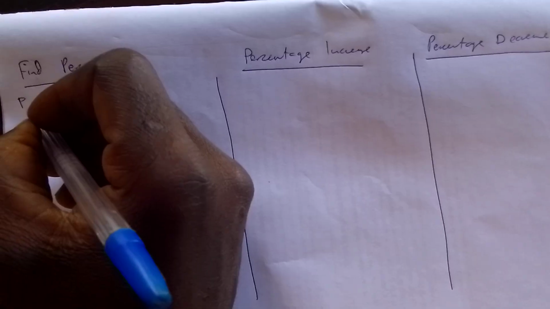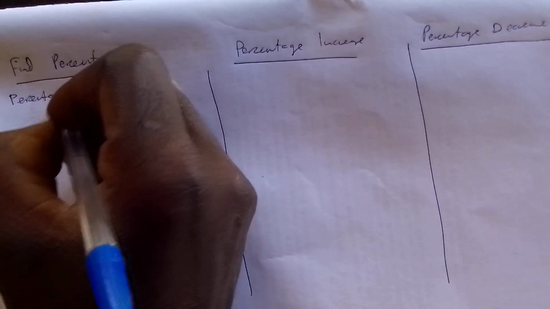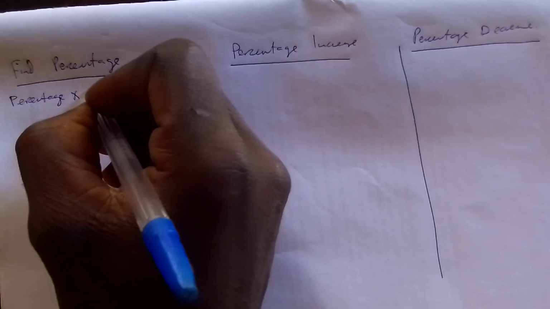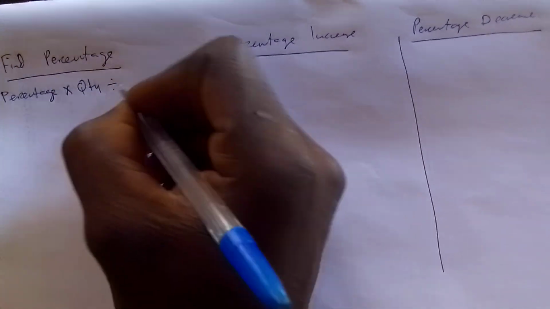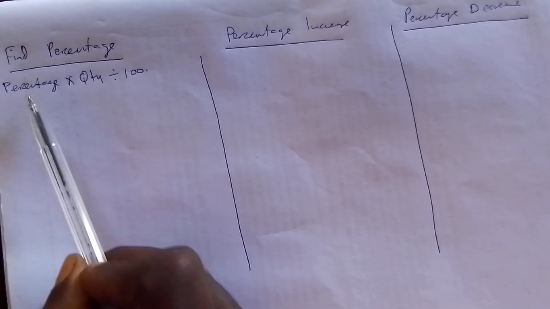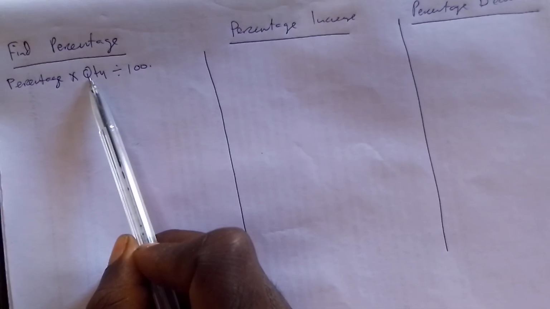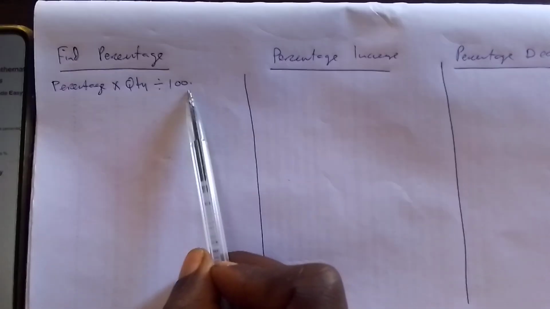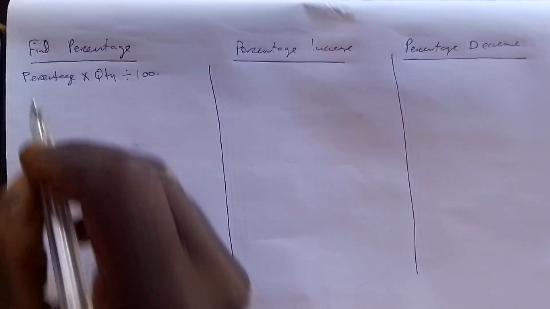We need a percentage multiplied by quantity and divided by 100. So to find a percentage, we need the percentage, we multiply by quantity and we divide by 100. Let's look at an example.